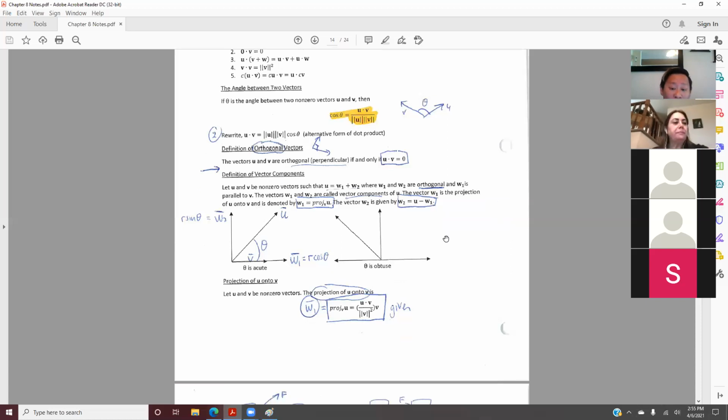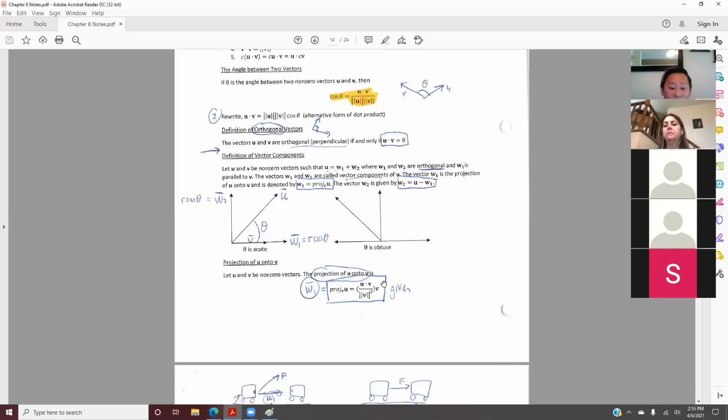So how do you find this projection of u onto v? You have to use the dot product u dot v over the magnitude of v squared, times v. If I give a test that is not a take-home test, this formula is already given to you, so you do not need to memorize this.